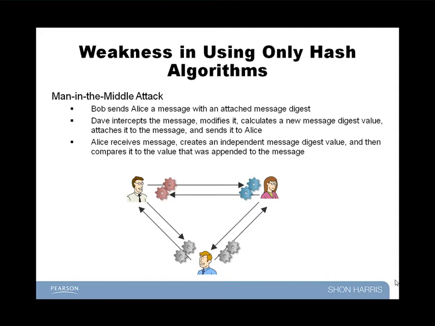She will take that message that she thinks is from Bob, run it through a hashing algorithm, come up with her own message digest value, and compare the two. Since they match, she thinks that what Bob sent over is exactly the message that he wrote, which is not, because Dave has modified it.